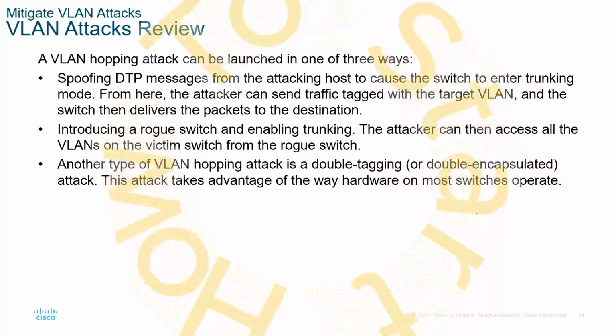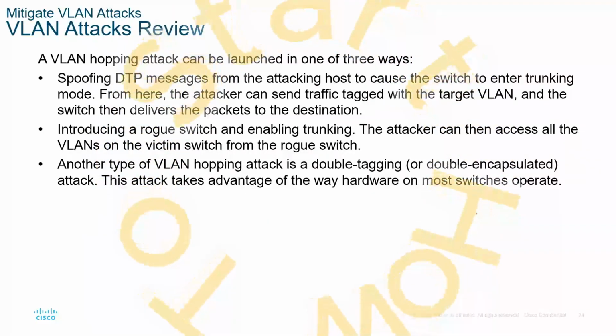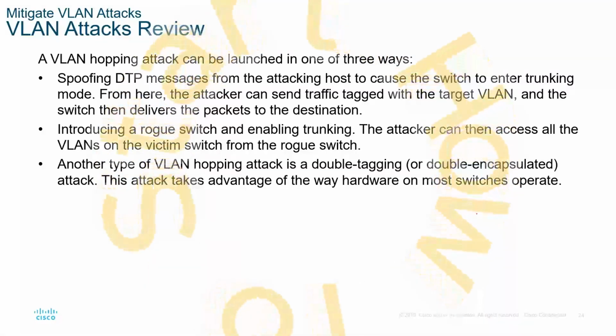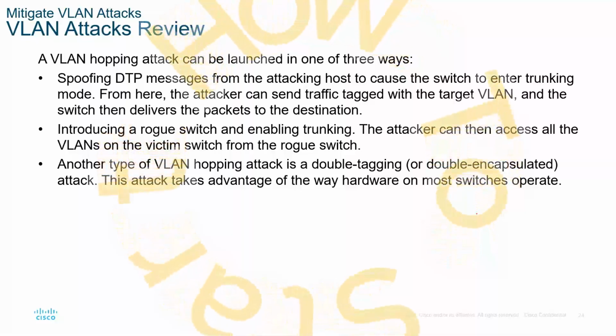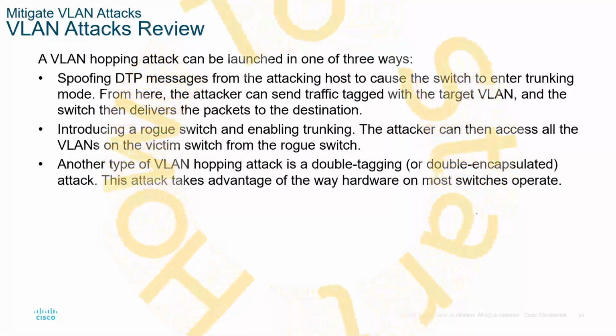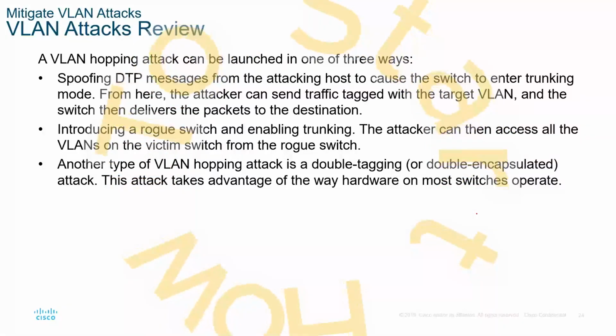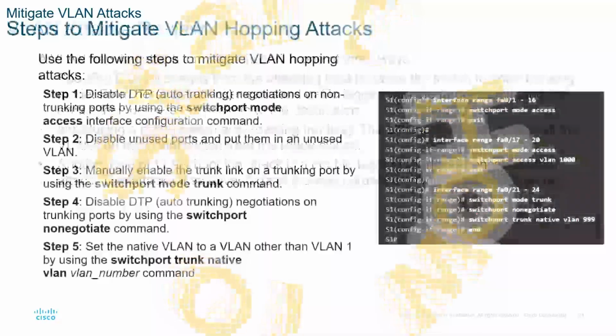That way it can be part of the native VLAN on that interface. You can also introduce a rogue switch by, again, allowing trunking to take place. Or you can do double tagging or double encapsulation of a frame to double tag a VLAN.